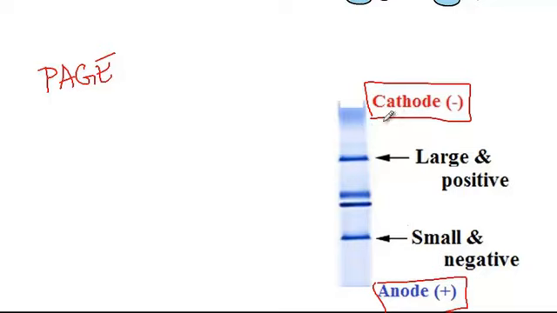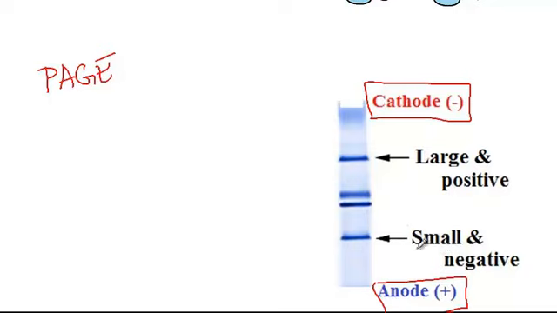At the same time, the larger molecules, because they have to move through the pores of the polyacrylamide gel, are moving very slowly, versus the small proteins, which can easily move through the pores. And so that's why here we can have isolation of proteins based on charge and size.